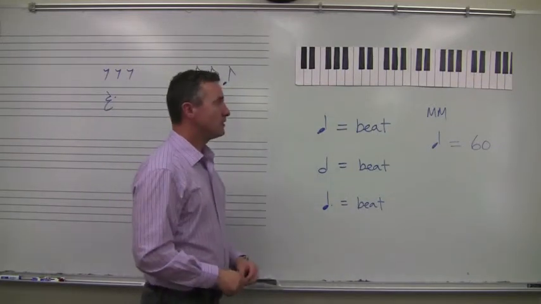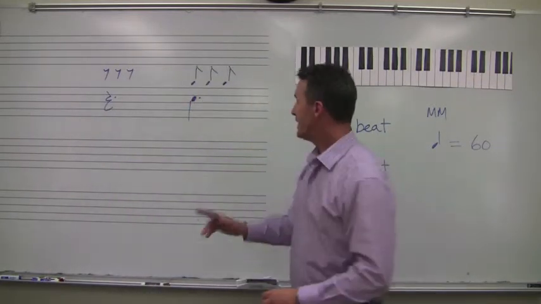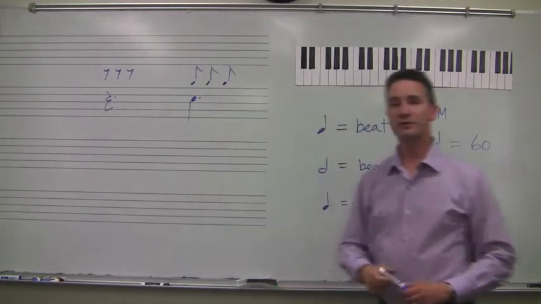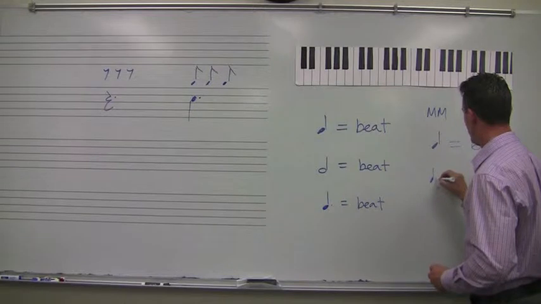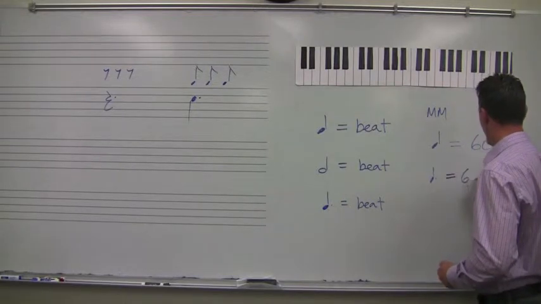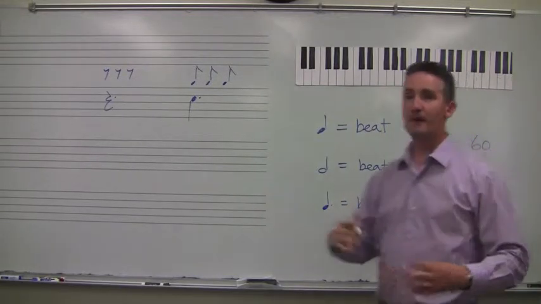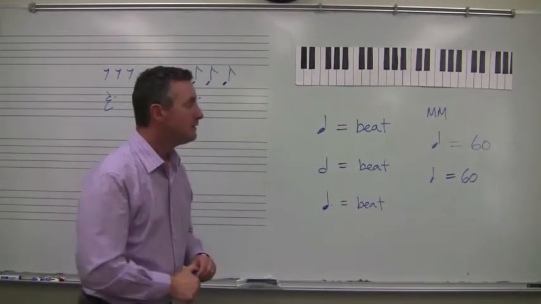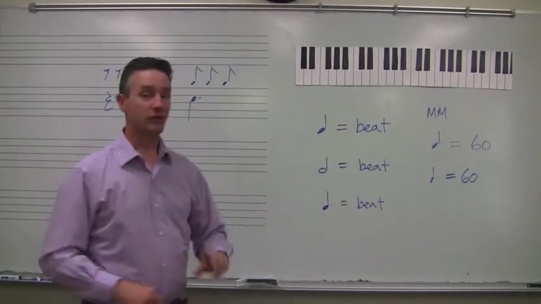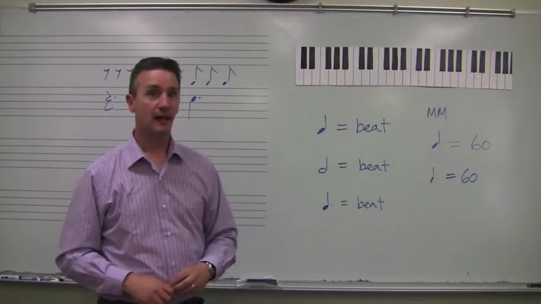So the concept I want you to get today: I want you to understand what a dot does to a note, because you can also define later on that a dotted note value equals a particular amount of clicks per minute. So I want you to understand what the dot does to the note and to a rest.